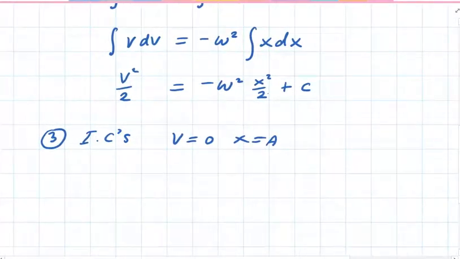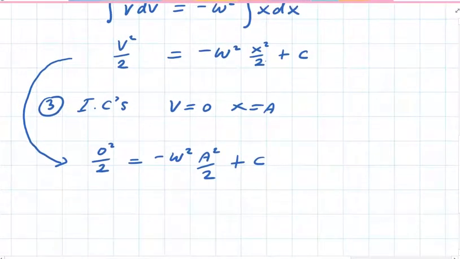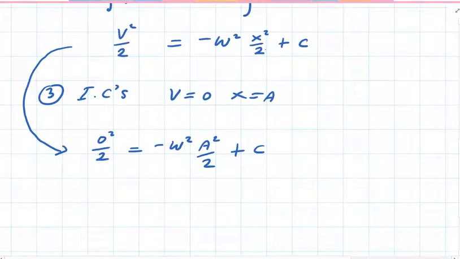You sub those two into our equation and see what happens. So it's 0 squared over 2 equals minus omega squared times a squared over 2 plus c. If you take the minus across as a plus, you get c equals omega squared a squared over 2.